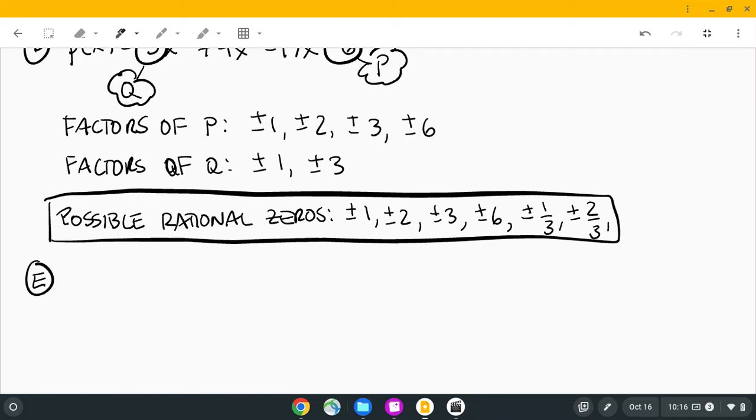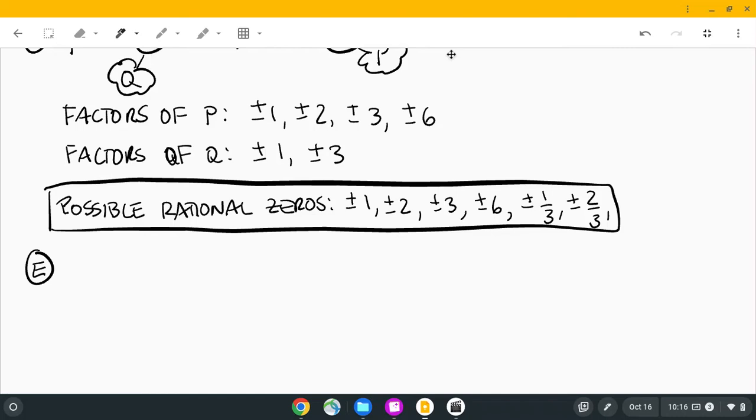Let's find a good one. All right, let's do this one over here. P of x equals 6x cubed minus 5x squared plus x minus 4.